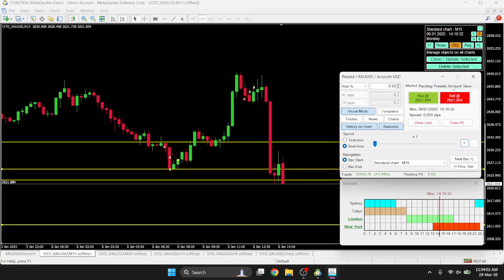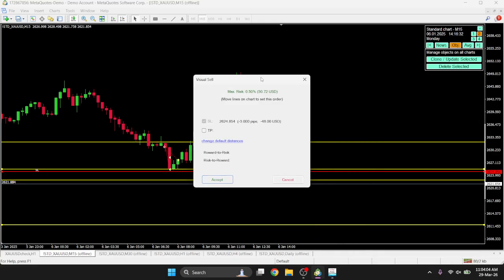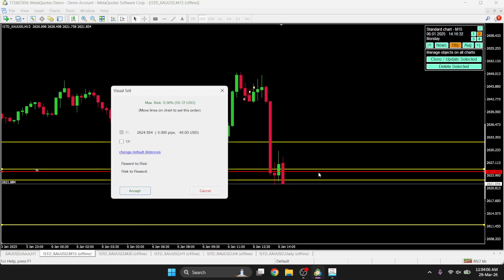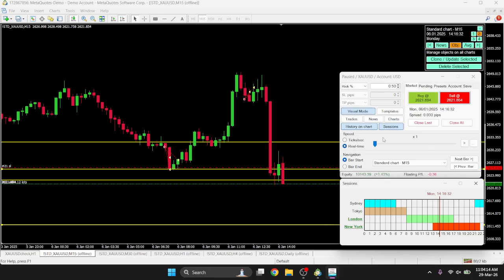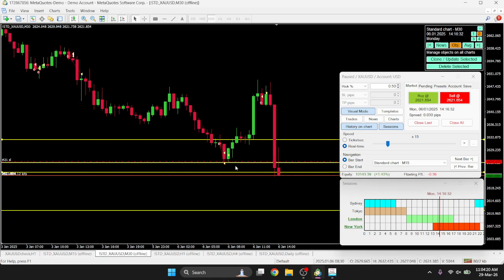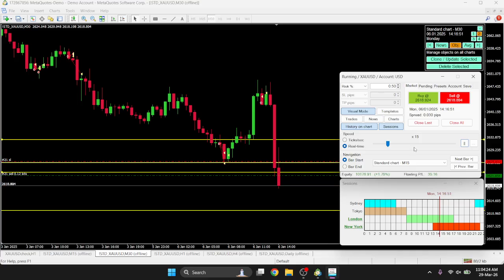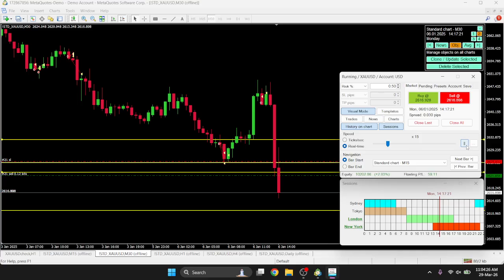Okay, so our sell will be executed here with half of our risk, and our SL will be somewhere there. I definitely will enter this trade because I previously mentioned that the 30-minute candle broke the previous 30-minute candle. There's a high chance that the market will push down.